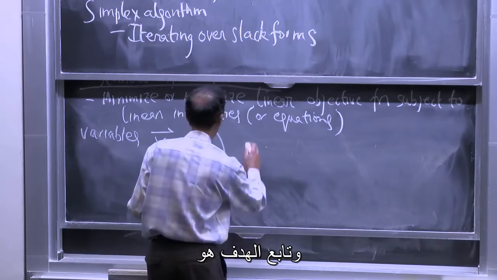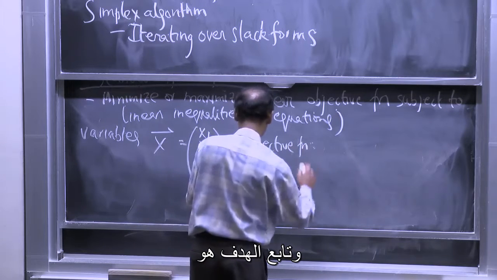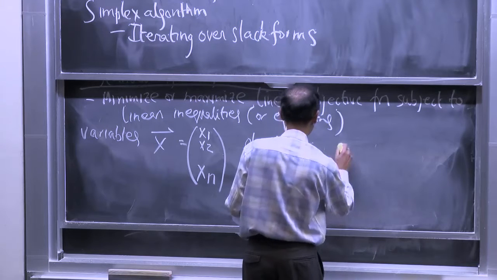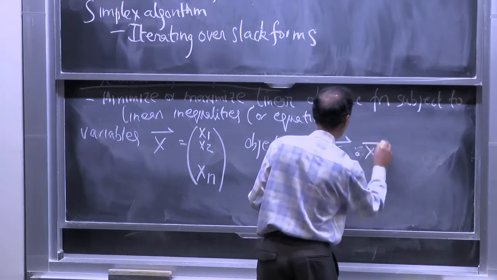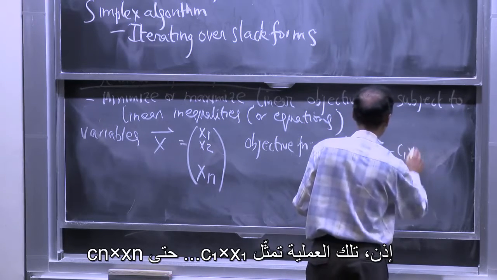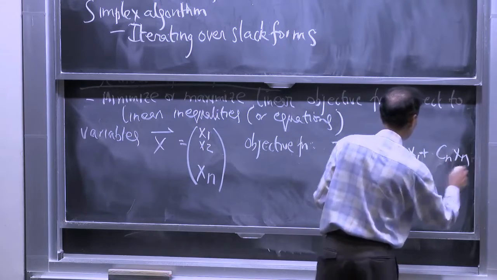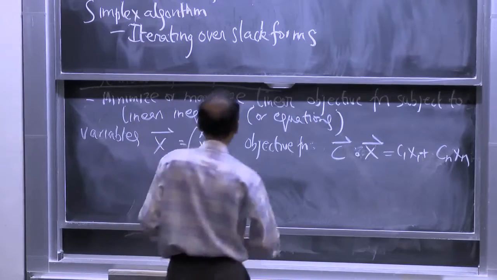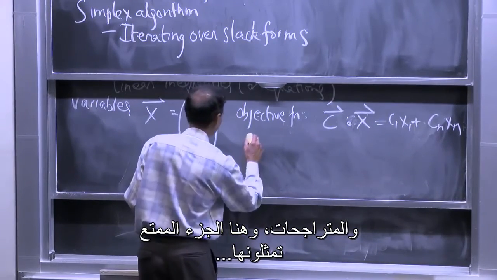And the objective function is c times x. So that's c1 x1, and so on, up to cn xn, and we just had all the coefficients being a 1 over there. And inequalities, they're the fun part. You represent them.